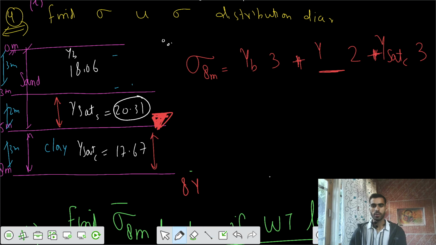Let's substitute the values: gamma bulk 18.06 into 3, plus some gamma into 2, plus gamma sat, that we know is 17.67, into 3.